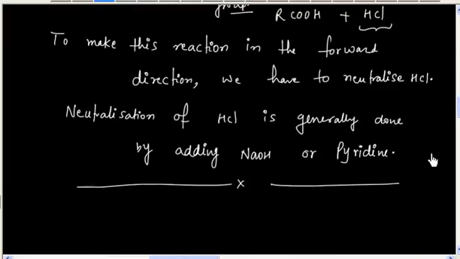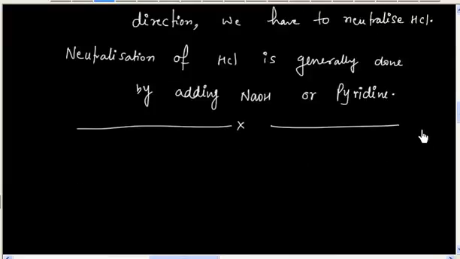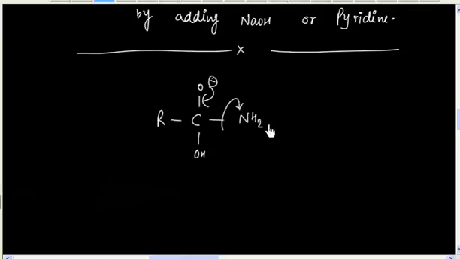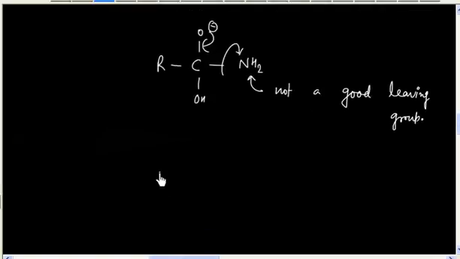For other acid derivatives, this group is not a good leaving group. For example, if we have amide, we will have this tetrahedral intermediate, and this time NH2 is the leaving group. So this is not a good leaving group. In case of ester, OR minus is the leaving group.